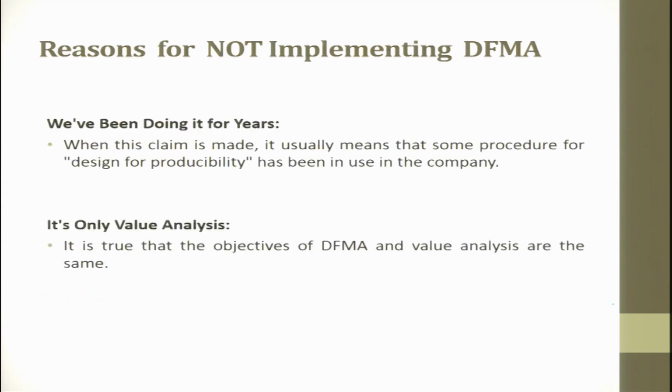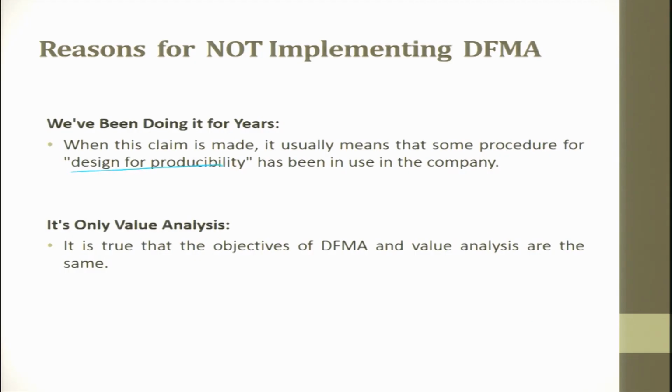We have been doing it for years. So, this is a typical mindset amongst industries, that they do not look for implementation of design for manufacturing and assembly. When this claim is made, it usually means that some procedures for design for producibility have been in use in the company.